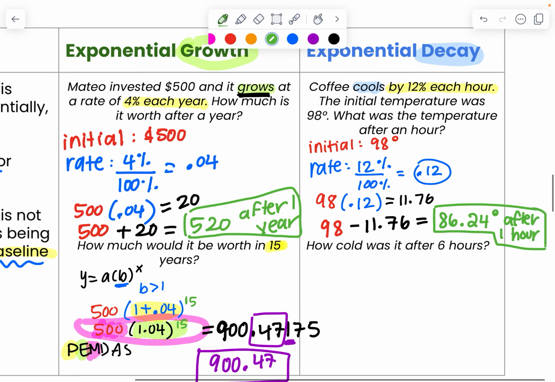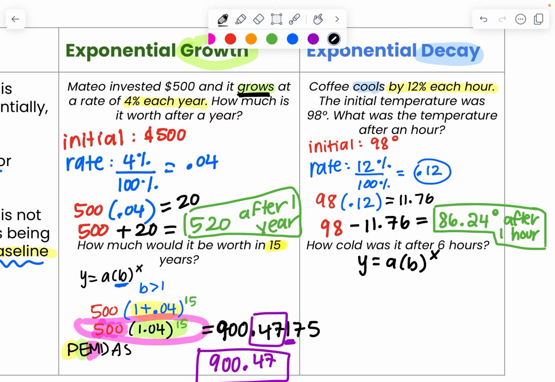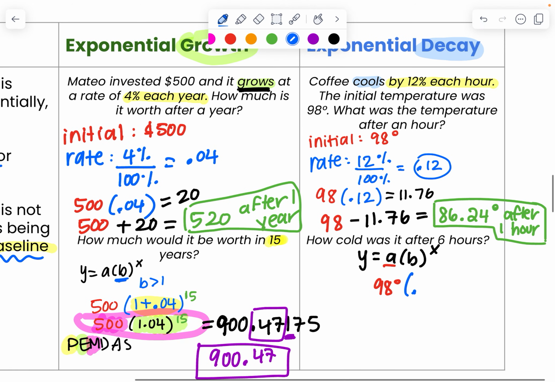However, we know that we can tie it back into a times b to the x, right? If I'm going y equals a times b to the x, a is representing my initial amount, my 98 degrees, right? My base is how much it's cooling by, the thing that we're doing repeatedly, my 12%, but 12%, just like this, is not going to be my base.